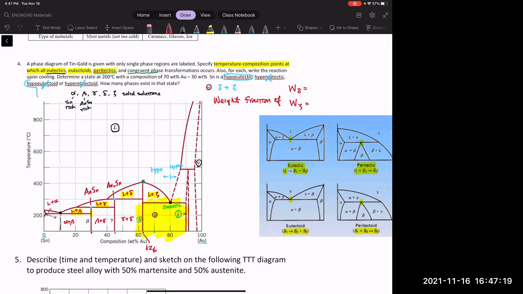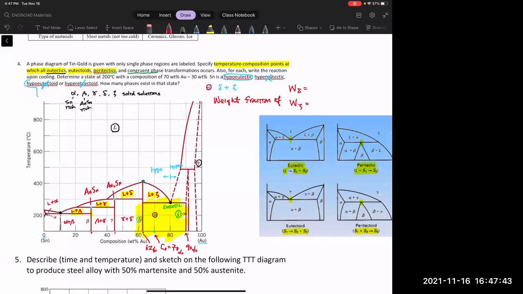This is the starting composition that we have. This is the C0 in your textbook. That C0 is 70%. And the other one is the composition at the very right end. This one here is 90%.